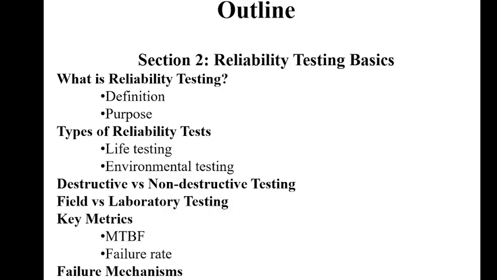Key reliability metrics such as mean time between failures, MTBF, and failure rate were already introduced, but we can refresh here again, along with the discussion of common failure mechanisms. Finally, we emphasize the importance of reliability test standards, which help ensure consistency, accuracy, and credibility in the testing process.